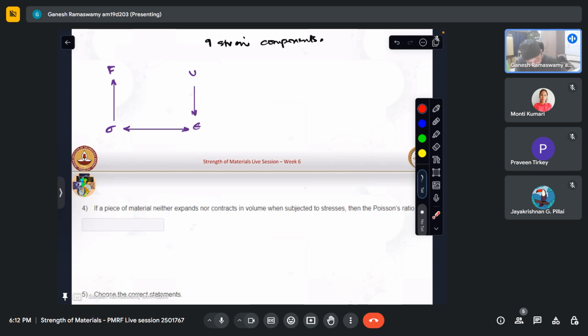So these are what are called constitutive relations. Now, when there are 9 stress components to be related to 9 strain components, naturally there has to be a material property. Let me call this some Q, just for the sake of this discussion. Let this be some Q into our strain.